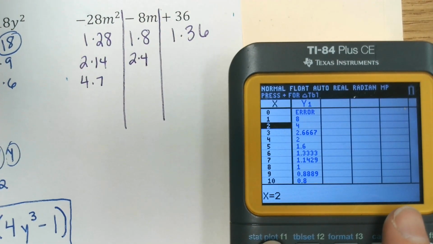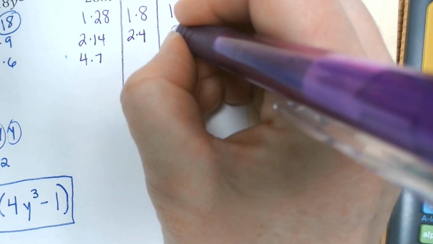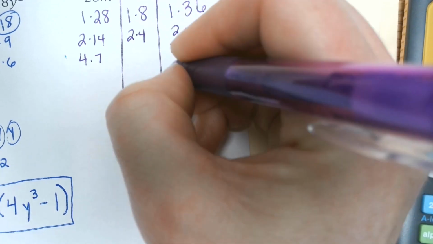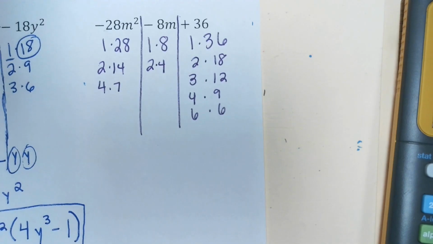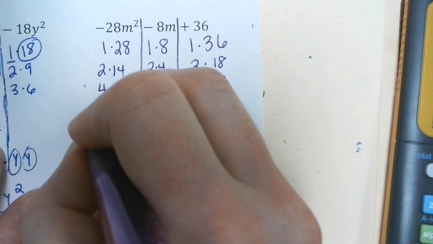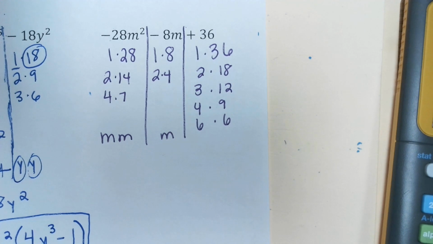We've done 36 before. We did it earlier. So 1 times 36, 2 times 18, 3 times 12, 4 times 9, and 6 times 6. Then we have 2 m's here, 1 m here, and no m's.